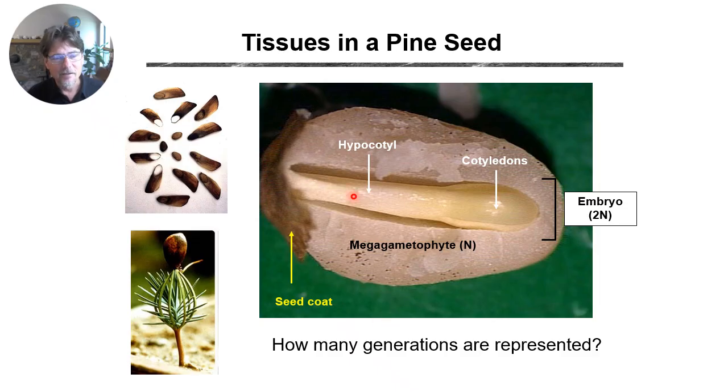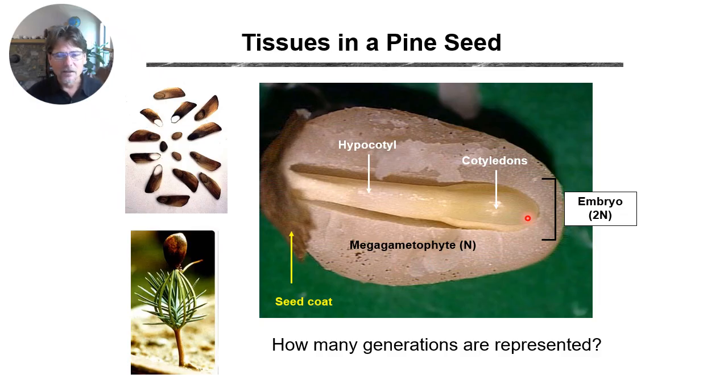And then once you open up the seed, the bulk of the seed is actually the megagametophyte. So the megagametophyte has formed as a result of meiosis and then development of the spore, the megaspore. And so this is the haploid stage after the sporophyte. So that would represent the maternal or the mother generation.